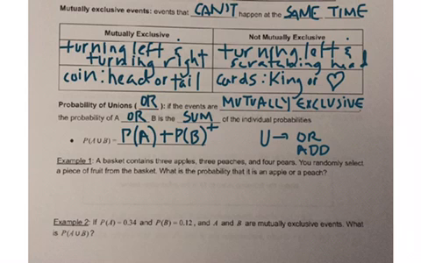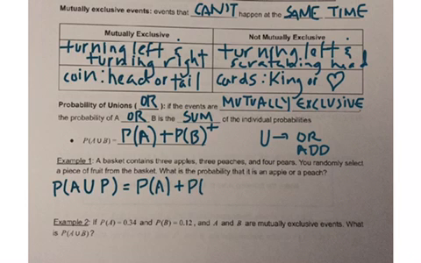Example 1: a basket contains 3 apples, 3 peaches, and 4 pears. You randomly select a piece of fruit from the basket. What is the probability that it's an apple or a peach? So the probability of an apple, I'm going to say A, or P for peach, is simply the probability of getting an apple plus the probability of selecting a peach.